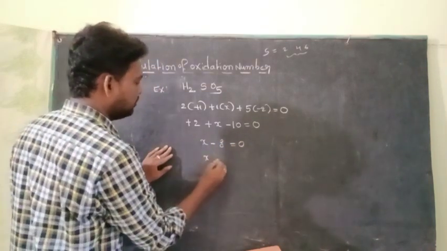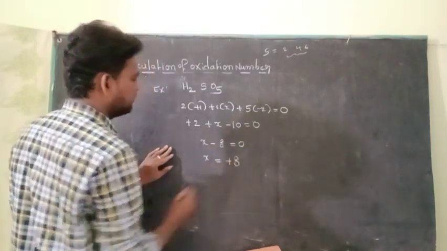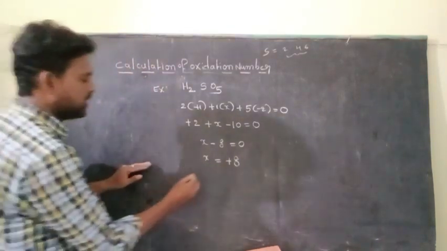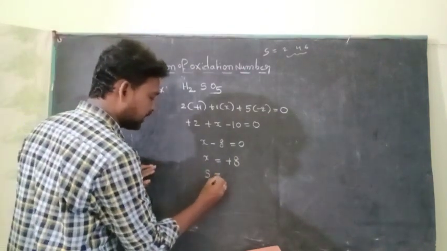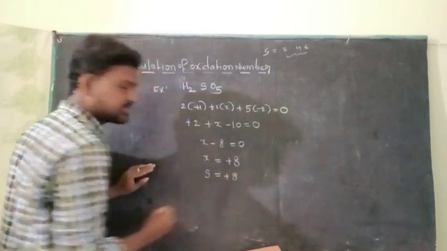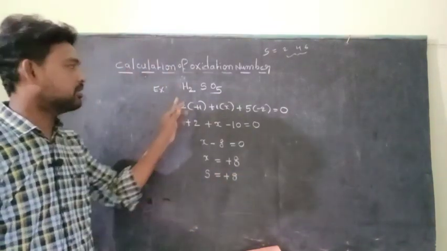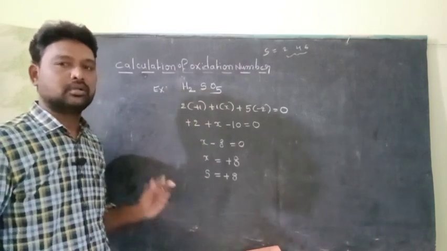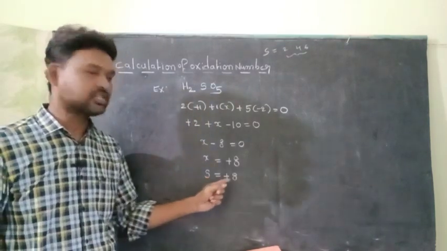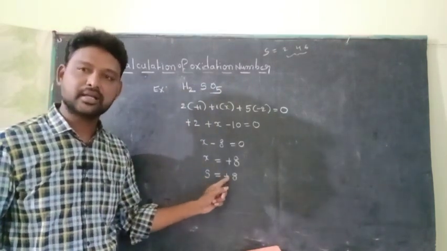So x is equal to plus 8. x is nothing but sulfur. The sulfur oxidation number is plus 8 in this H2SO5 compound. Is this the correct answer?